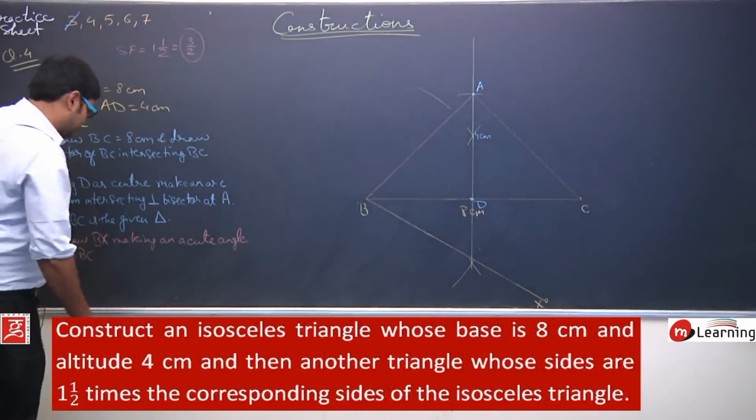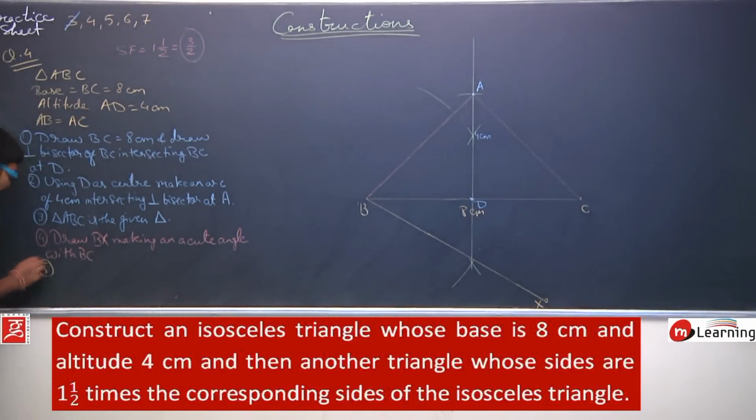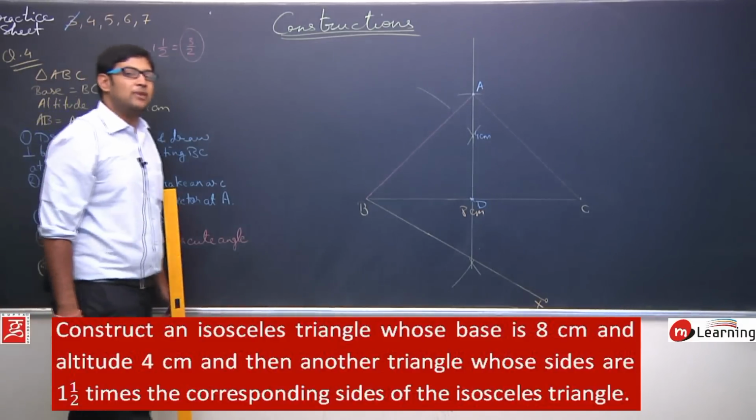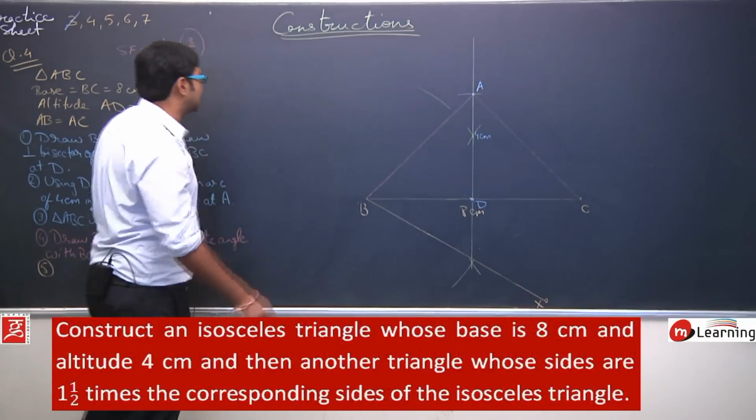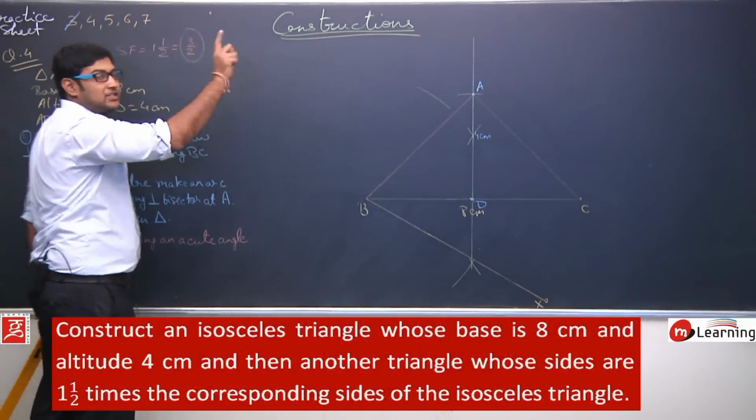Now what I will do is I will mark some points. Now how many points I need to mark? How many points I need to locate on this BX? I can see the greater number is 3.